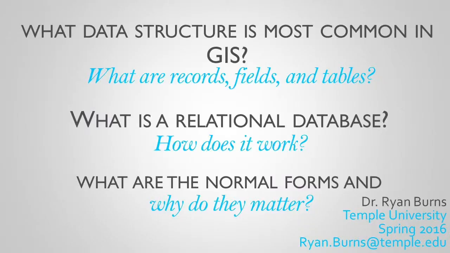Relational databases are just one of many possible data models that could be used in GIS, and it's by far the most common one in use today in both shapefiles and geodatabases. But there are actually many possible ways of interacting with GIS data, and the relationships between different tables, the relationships between different attributes, and so on. So I'm going to talk a little bit about that.